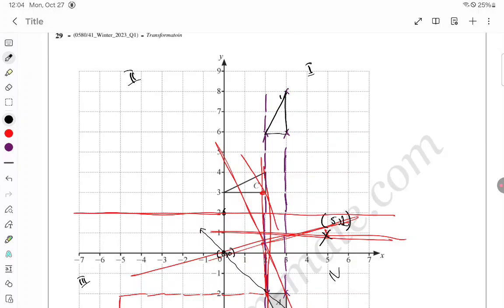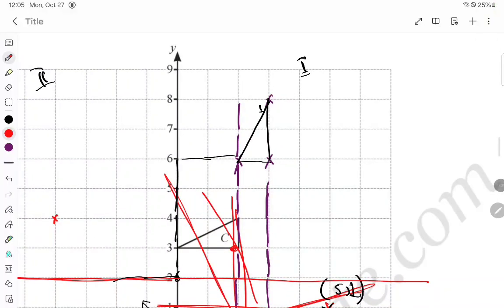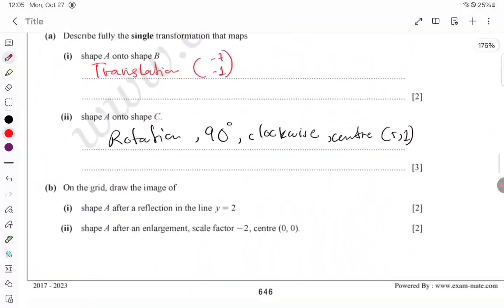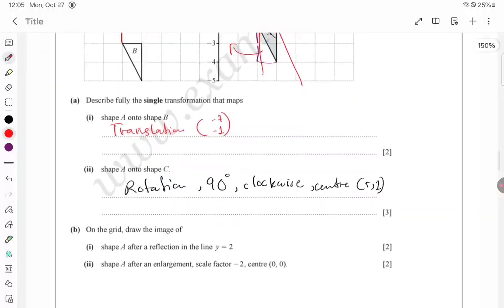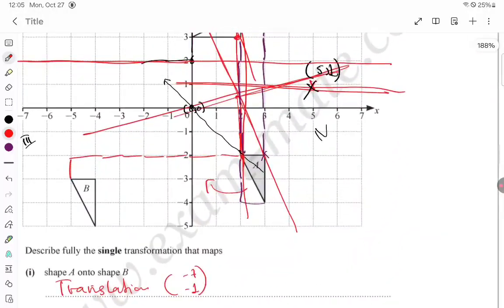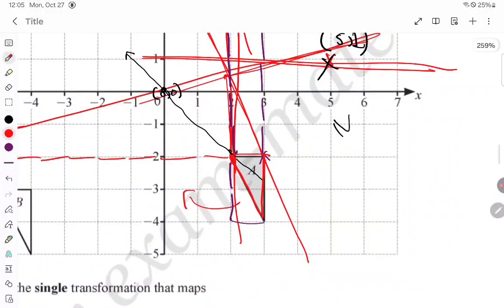So if we calculate the points, but first, in order to find the enlargement, we can calculate the points of triangle shape A. This is our shape which we have to enlarge by a factor of 2.